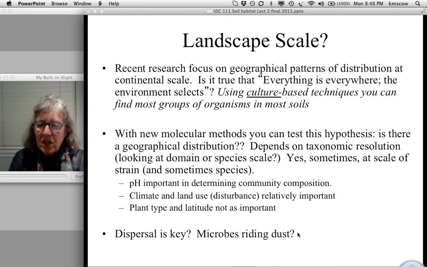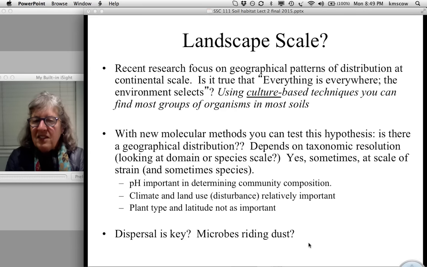And there's been some really interesting research showing soil particles, but also microbes, coming in from the Sahel Desert in Africa, finding organisms in the soil in Florida, and also Mongolian soils coming to Lake Tahoe.